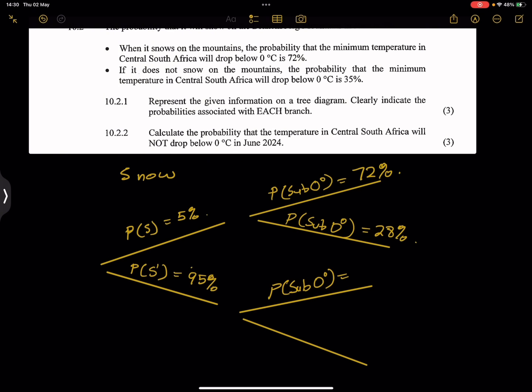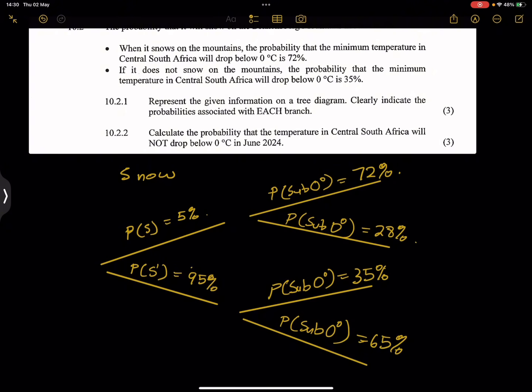And the probability that it will not drop to sub-0 in this case should be 65%. That is how we'll represent it in terms of a tree diagram.